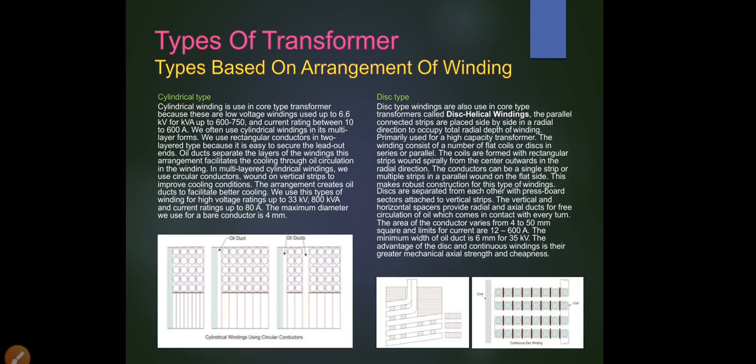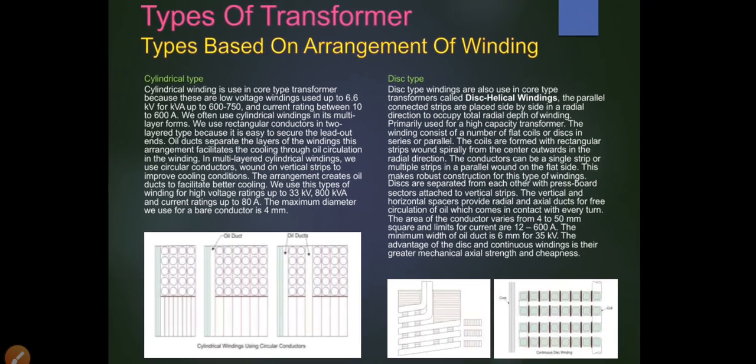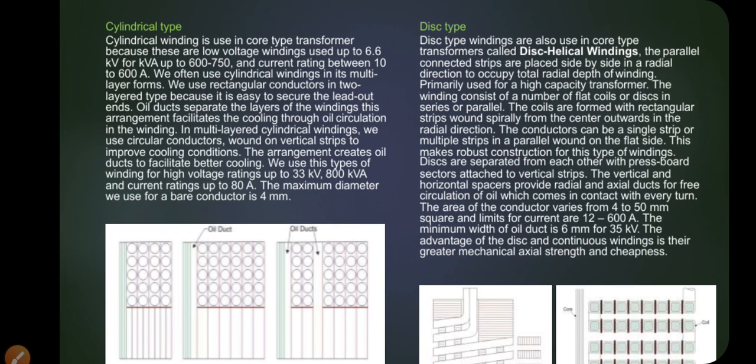The maximum diameter we use for the bare conductor is only 4 mm. Observe the figure: this is the cylindrical type. Gaps will be there, so the oil duct will be inside here and here also.